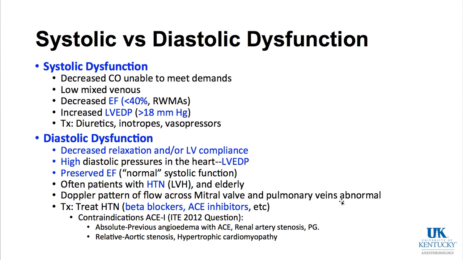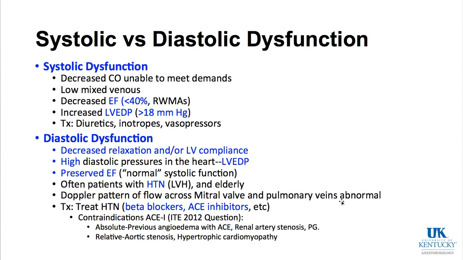Ejection fraction less than 40%, a heart with regional wall motion abnormalities, a high LVEDP, classically greater than 18 millimeters of mercury, are all indicators of systolic dysfunction. So in a preoperative record, if you see EF less than 40%, and if they had a catheterization and their LVEDP is greater than 18, you say, aha, that's evidence of systolic dysfunction, which we normally treat with diuretics, inotropes occasionally, and occasionally vasopressors, as opposed to diastolic dysfunction, which is a relaxation problem and LV compliance problem.